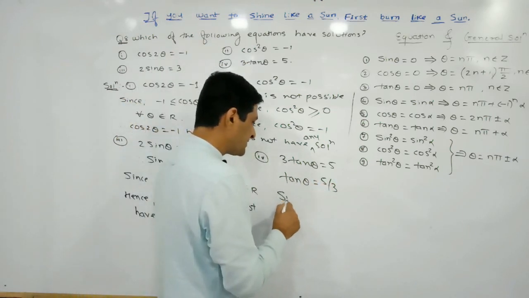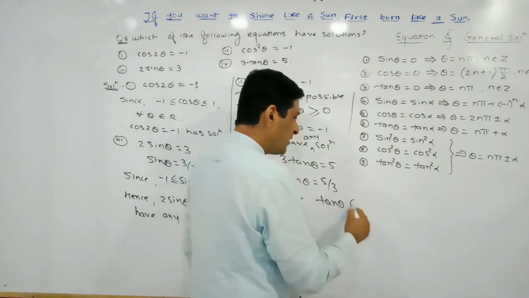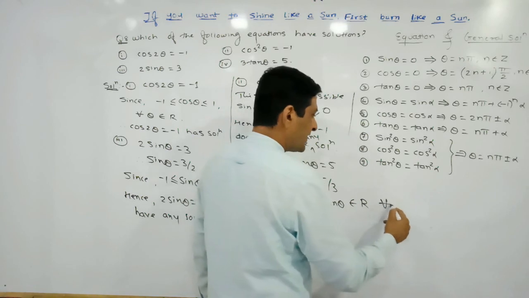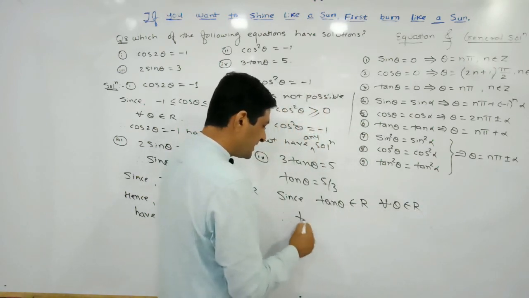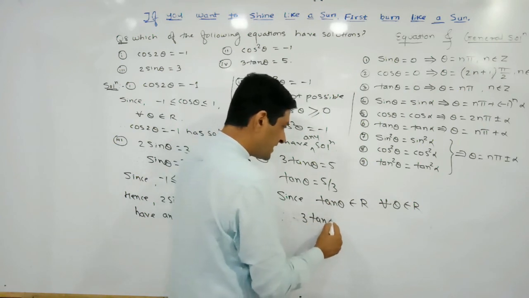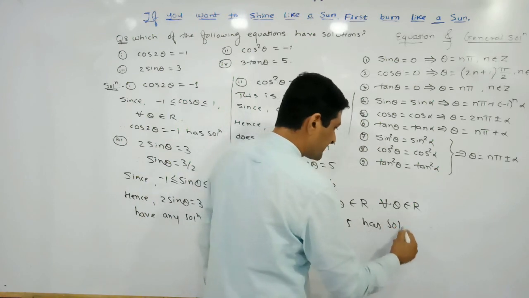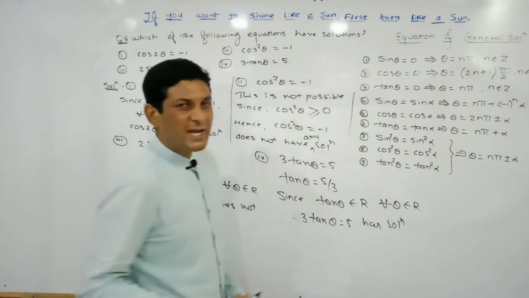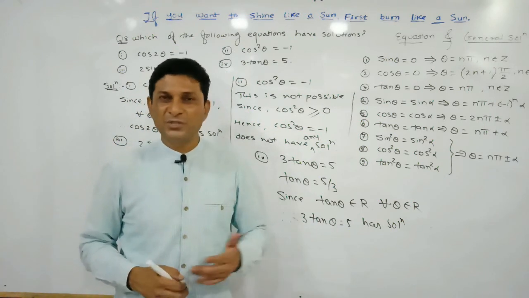So here write down, since tan theta belongs to R, for every theta belongs to R, therefore we can say that this trigonometric equation, 3 tan theta is equal to 5, has a solution.